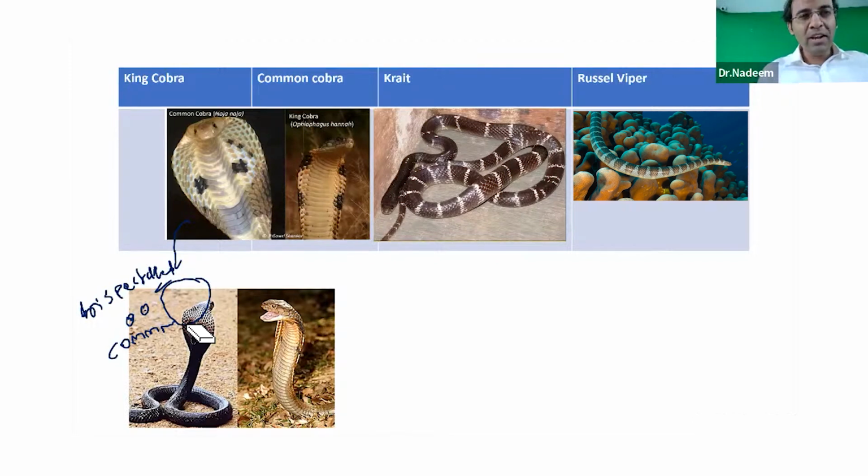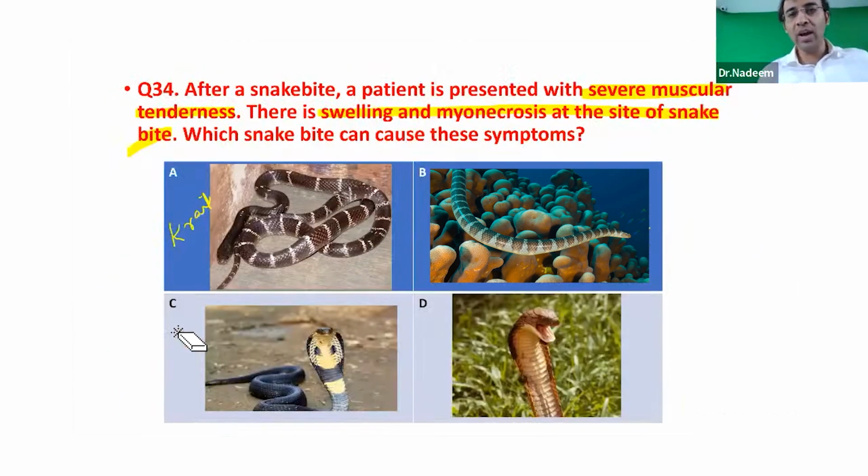So how to recognize the common cobra? It will be bispectacled, two eyes, two glasses. But the king cobra does not wear any spectacles. So C is the common cobra, D is the king cobra.